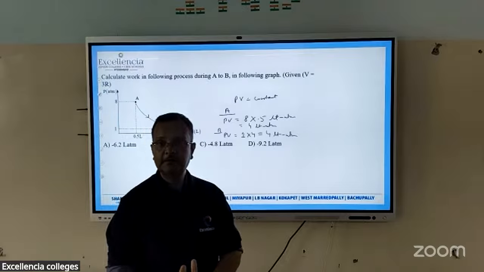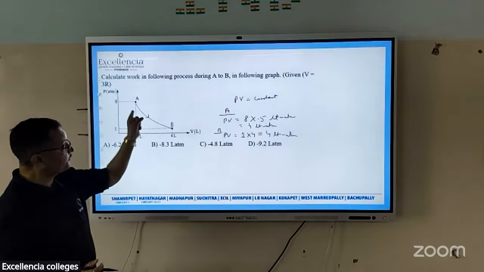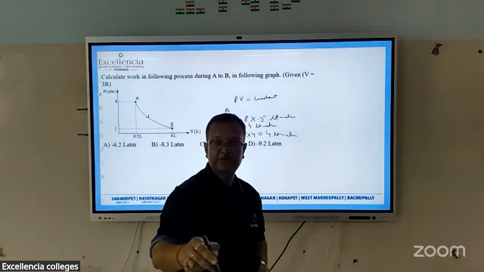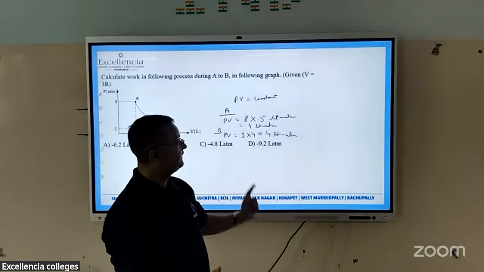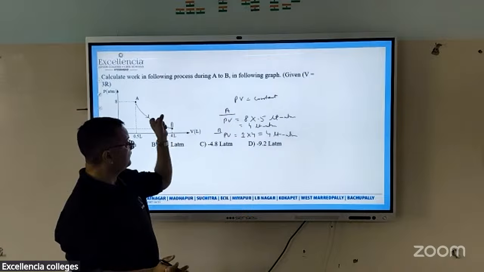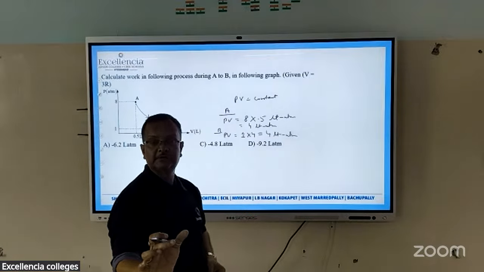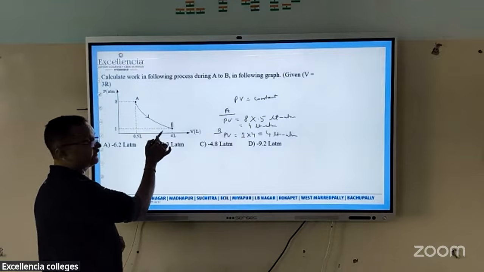So if the value of PV is constant for every point of the graph, this means that temperature is constant here. In this graph, PV is constant at every point, so this graph is for an isothermal process. Because the graph is a falling curve, it is hyperbolic.